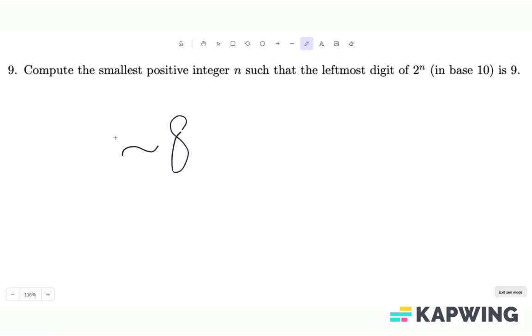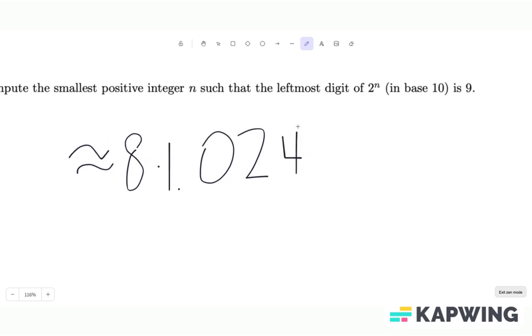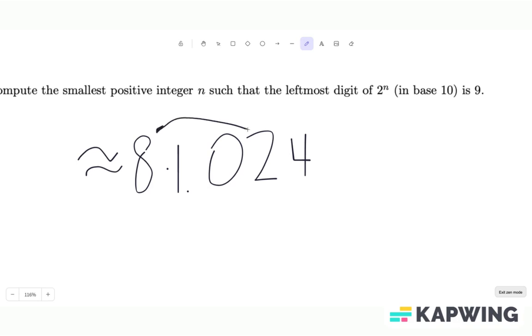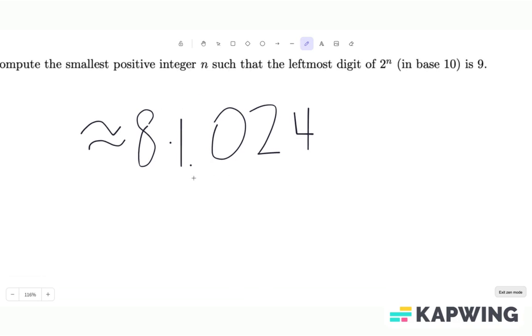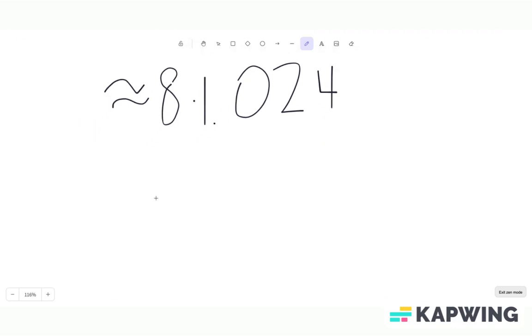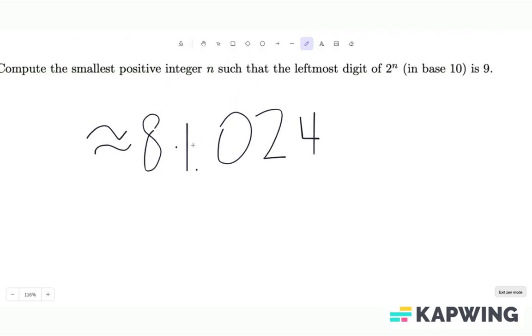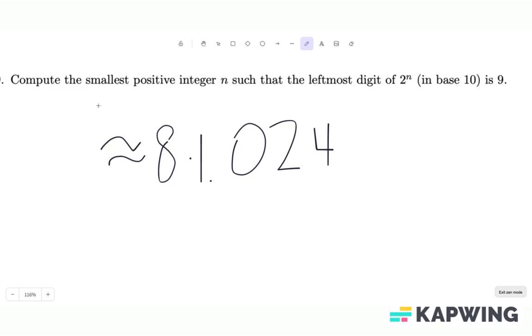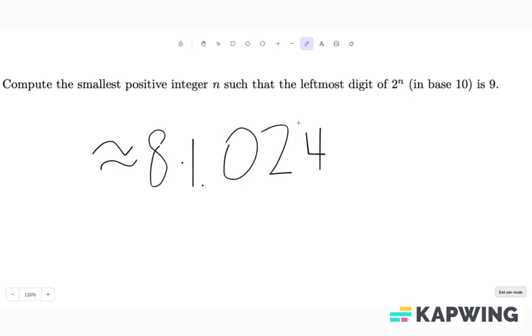All we care about is if you have something that's approximately 8 times some power of 10, which is a power of 2, then if we multiply it by this decimal, our goal is to bring this to a 9. I'm keeping it a decimal because then it won't just jump to 80 or 8,000. It's going to keep 8 and then get slightly bigger and then eventually get to 9.